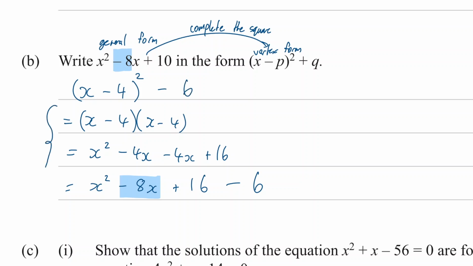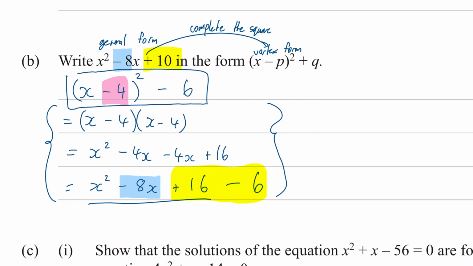So this bit here is just some rough working. We took half of minus 8, put it in our brackets right here. We expanded to get this quadratic and realized we had to then subtract 6 in order to get the plus 10. Right, and so our final answer is x minus 4 all squared minus 6.